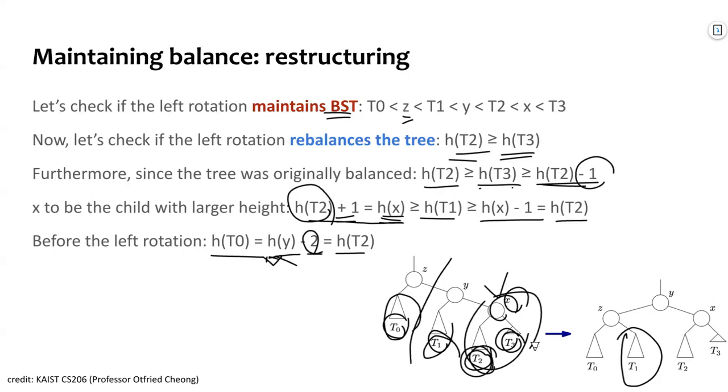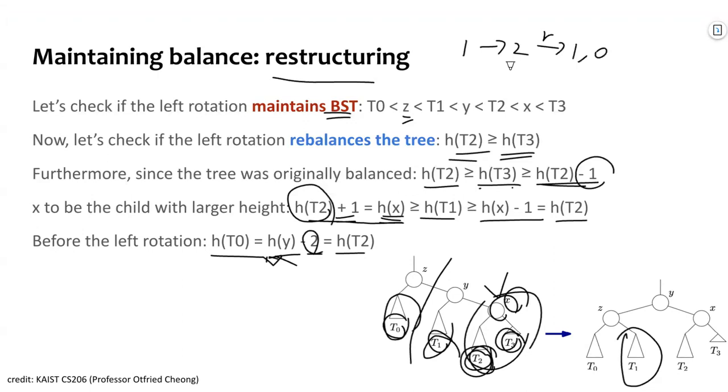The maximum height difference in an AVL tree is 1, and when it becomes 2, we just do restructuring, so the height difference becomes 1 or 0 again.